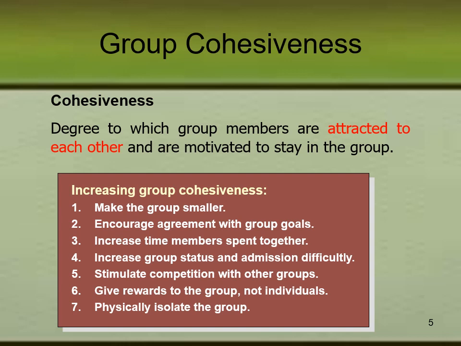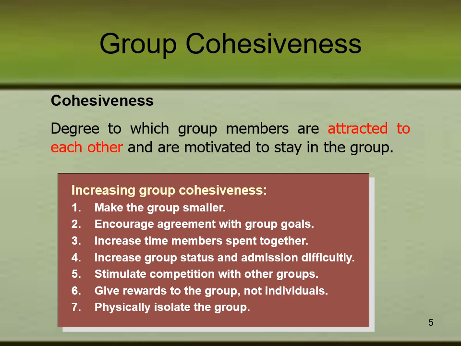Okay, for example, I assign you with a group assignment. Let's say to do a group presentation. So you have set a goal in your group, that is to get A for the group presentation. So make sure that everybody in that group has the same goal, that is to get A. Then all of you in that group will work harder to achieve that same goal.